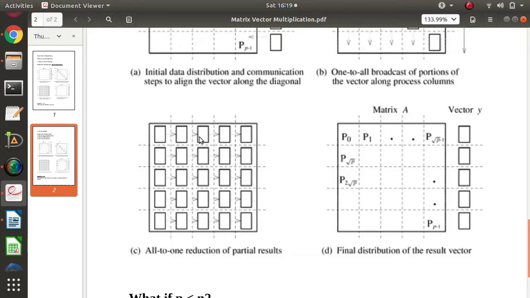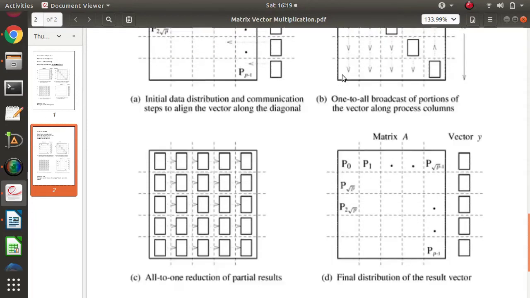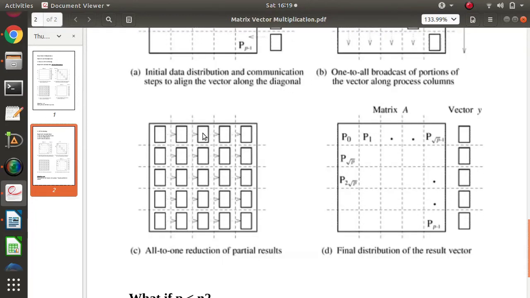This process already has the 0th row and second column value, and because of the broadcast it has got the third value of the vector, so it will find the multiplication. In the same way, every process will do one multiplication.